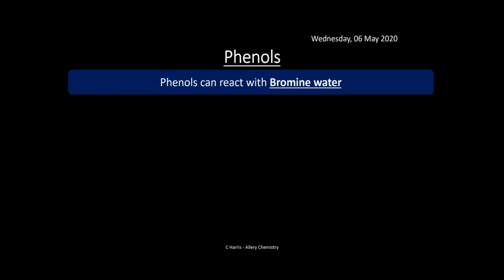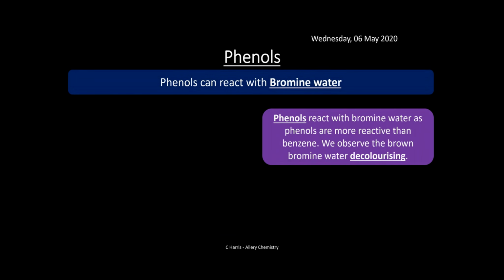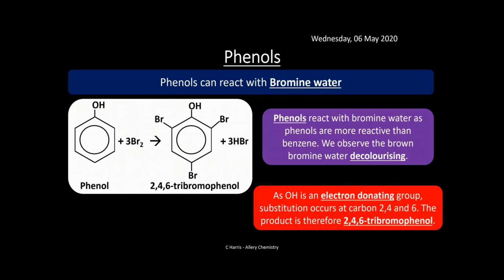Okay, so phenols can also react with bromine water. Phenols react with bromine water, as phenols are much more reactive than benzene, remember, because of that ability to donate some of its electrons into that delocalized ring. And so what we observe is decolorization of bromine water. You can see here, OH is an electron donating group, as we've said, so it pushes electrons into that benzene ring.